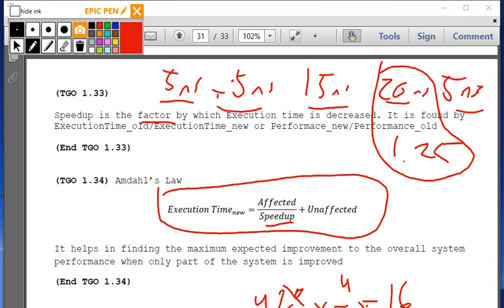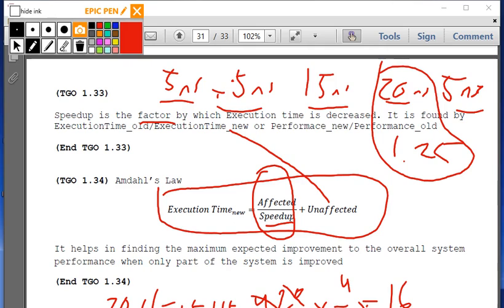So what this means is your execution time is now going to be equal to 20 over your factor of speed up, 5 over 4, which we've calculated comes down to 16. So that's your affected. Now your unaffected is going to be plus 5 plus 5 plus 15 plus 5, right? So that becomes 30 plus 16 equals 46.